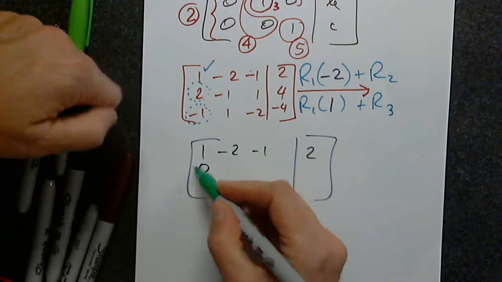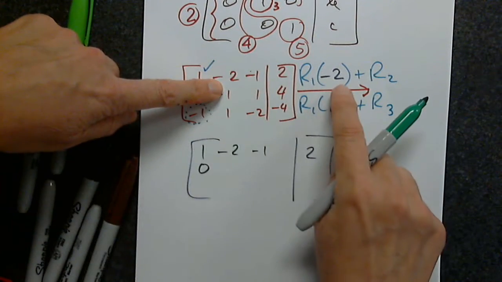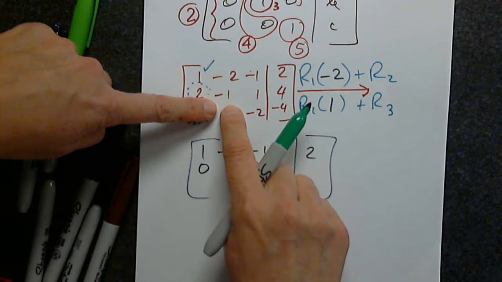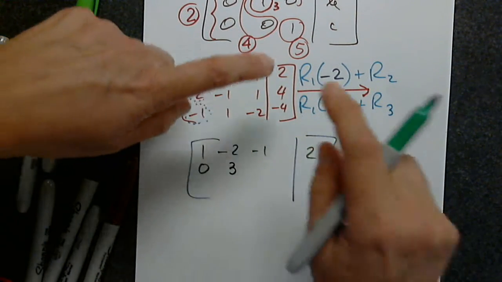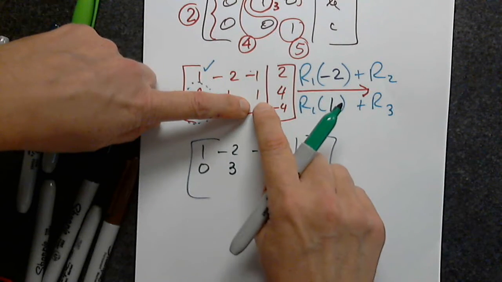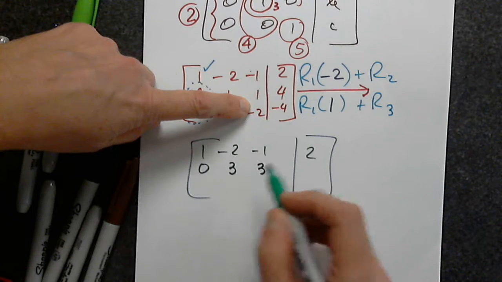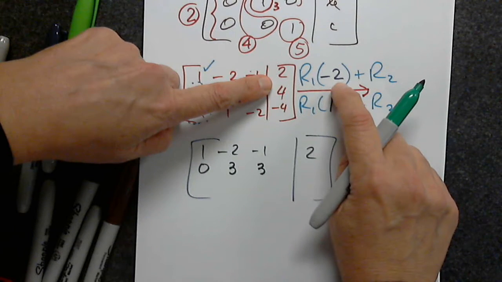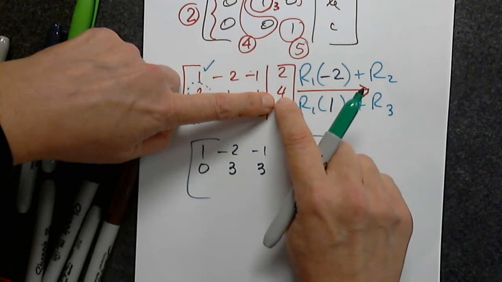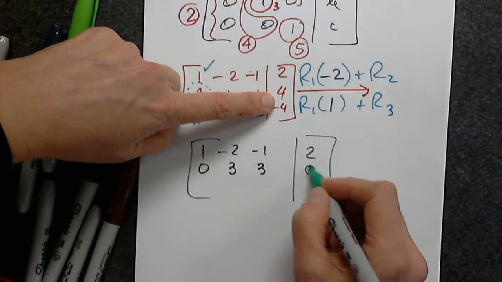Excellent. -2 times -2 minus 1. -1 times -2 plus 1. 2 times -2 plus 4. 0. Excellent.